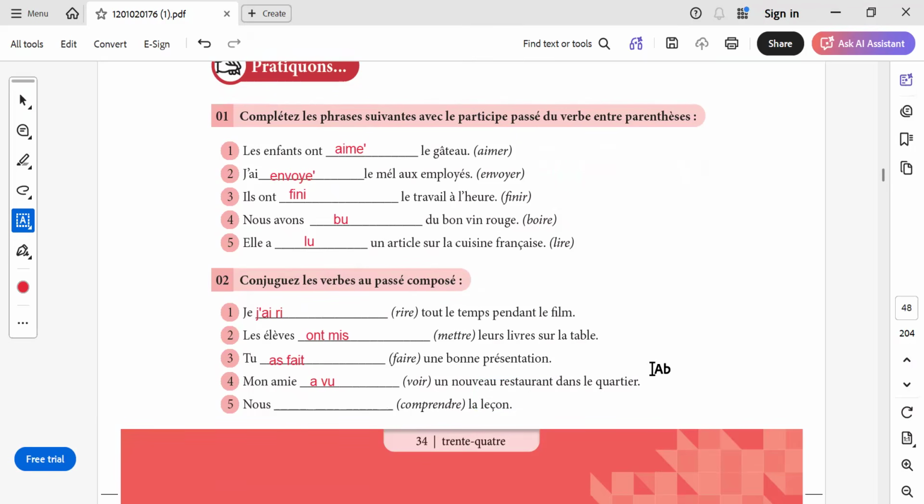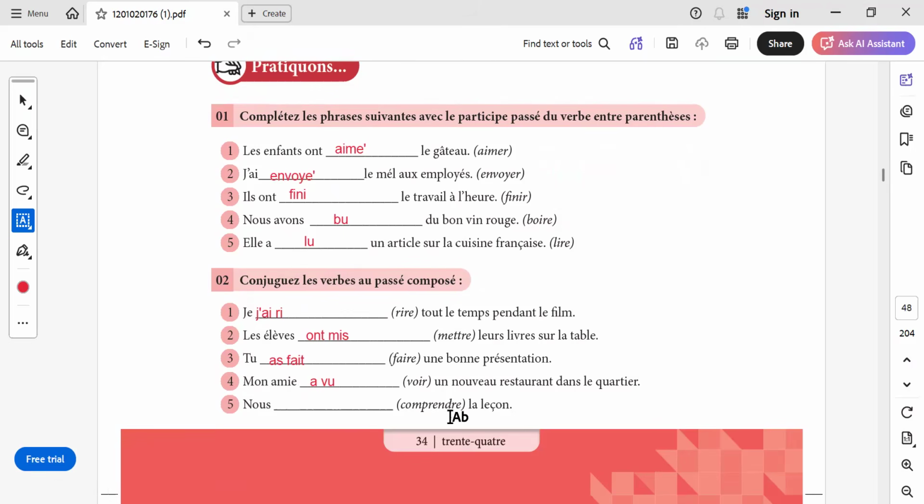Now see, nouveau is one of the small adjectives which comes before the noun, right? So, a nouveau restaurant. Otherwise, usually in French, the adjective comes after the noun. Similarly here, mon ami. Ami is feminine. Mon is the adjective possessive. But even if it is feminine, we use mon ami and never ma ami to avoid the clash of vowels.